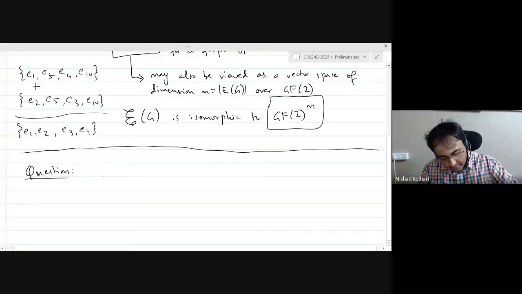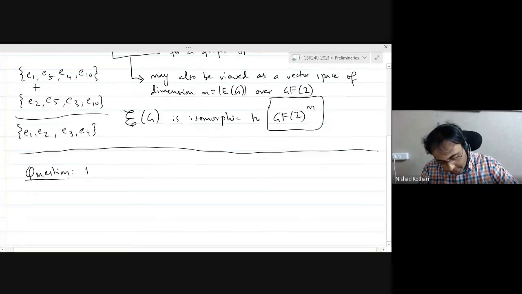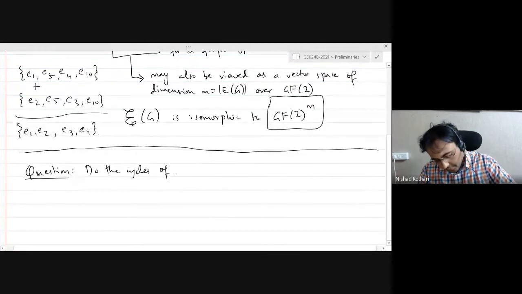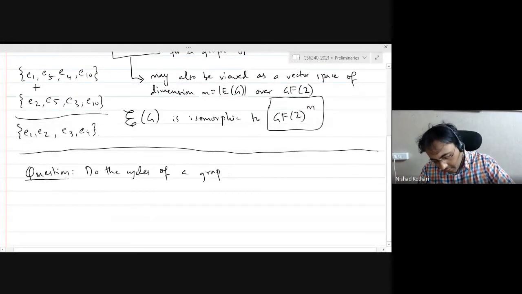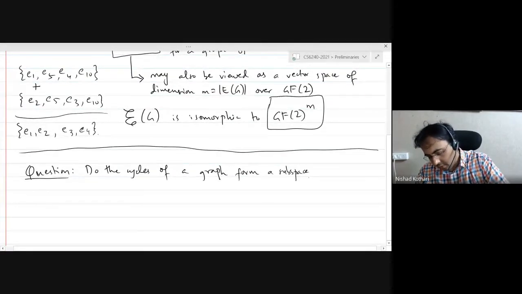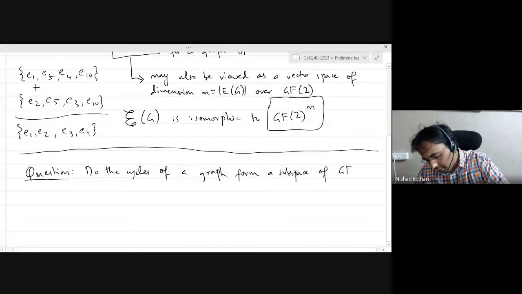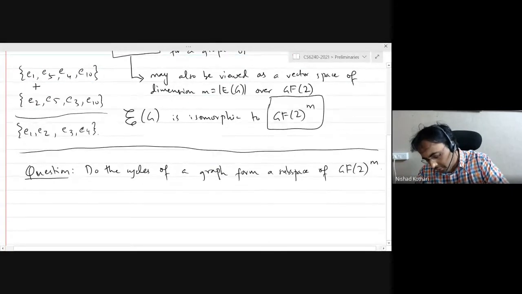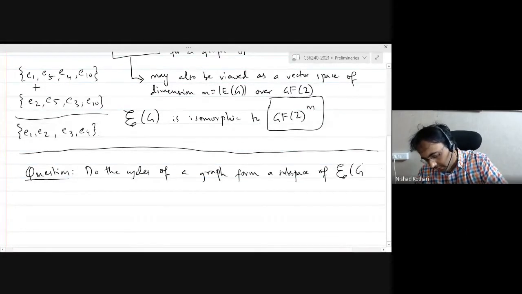So what we'll ask is, do the cycles of a graph form a subspace of GF2? I'm just going to use the isomorphic one, the edge space of the graph.